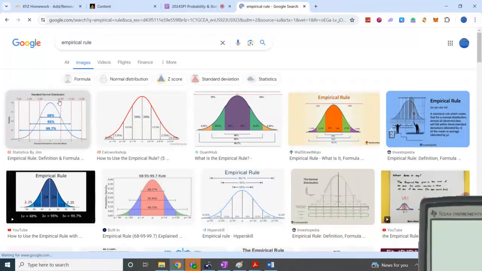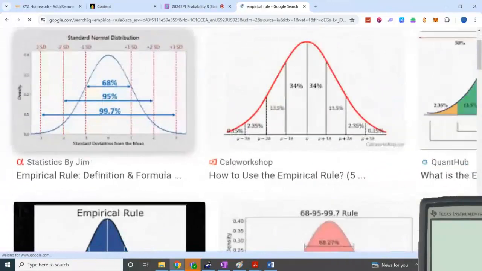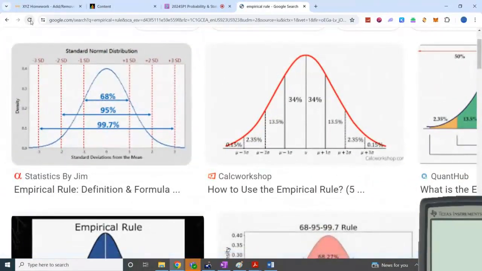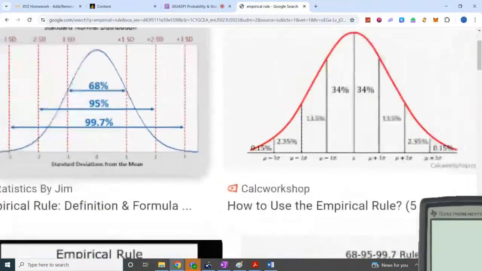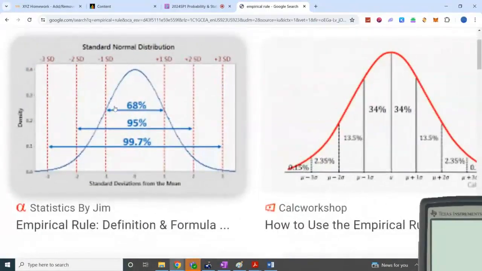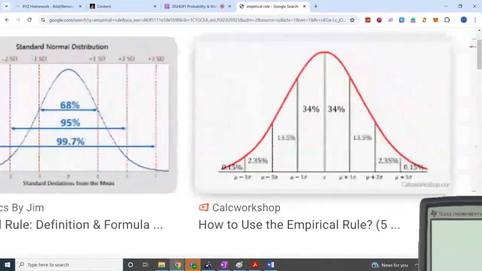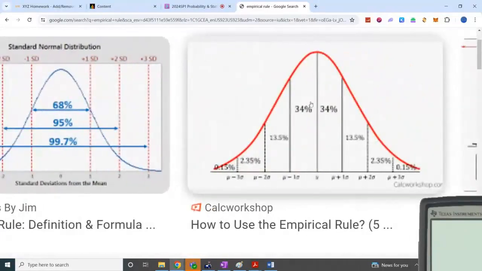Okay, this is moving slower. I guess I can bring it up from here. So this is the empirical rule right here. For the standard normal, the mean is 0 and the standard deviation is 1, right? This is kind of what I'm looking for.